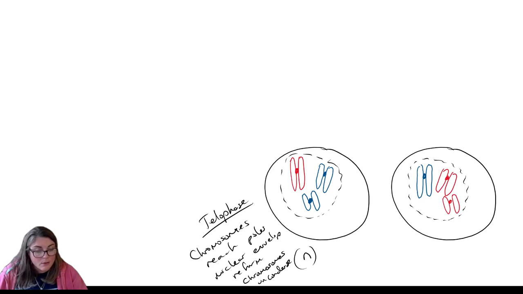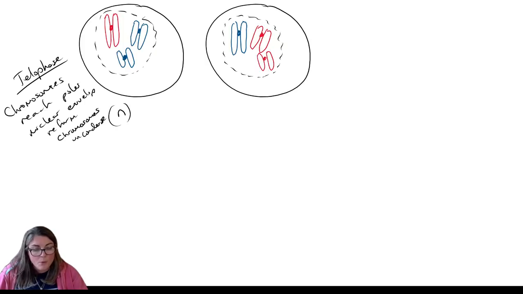So then, if we move on, what do we have now? Let me just copy this across. So we got to telophase. We have reached the poles.